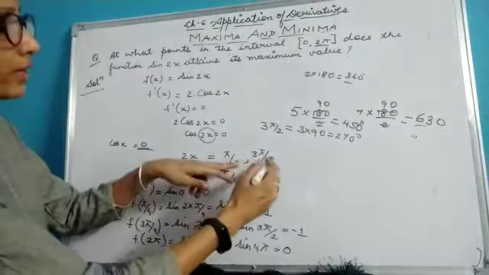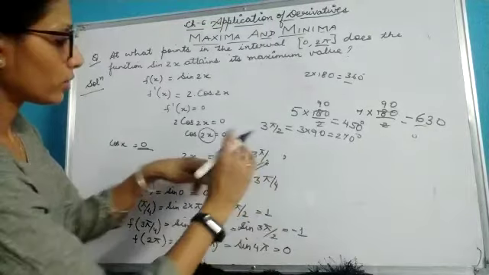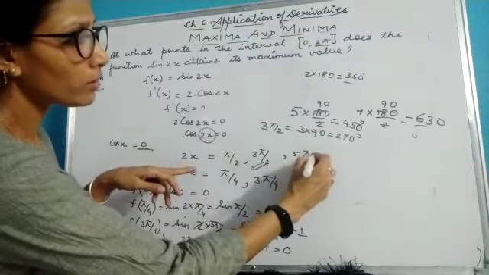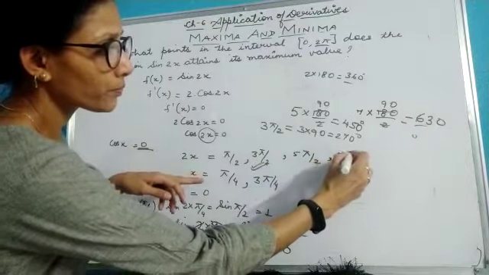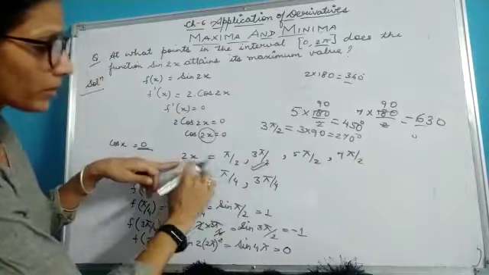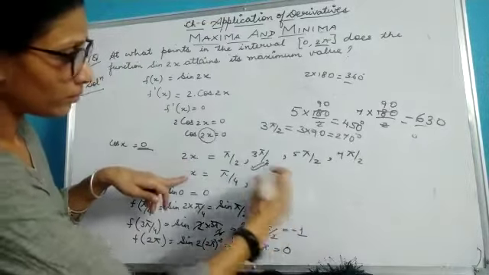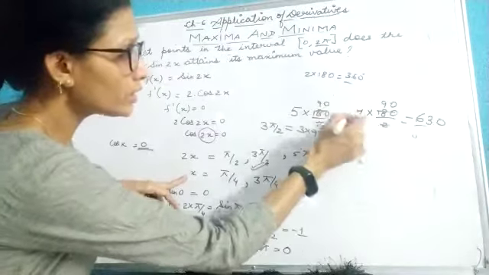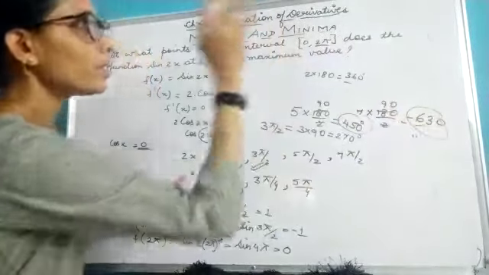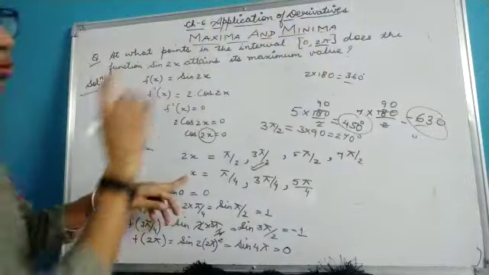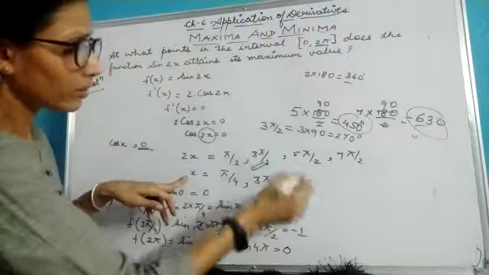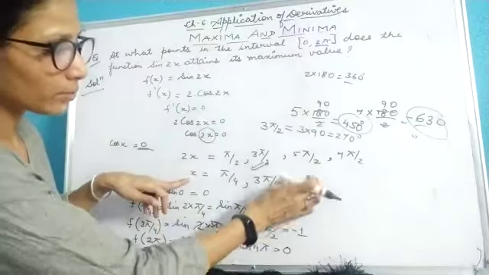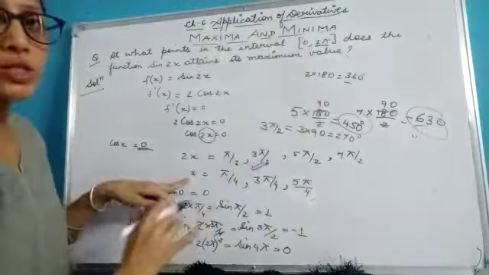Now children, we just saw that cos x is 0 at odd multiples of pi by 2. But here this is 2x. When we change into x, then it will become 5 pi by 4. So these will come in the interval 0 to 2 pi. After changing into just x, I am getting the values which come in between 0 to 2 pi.